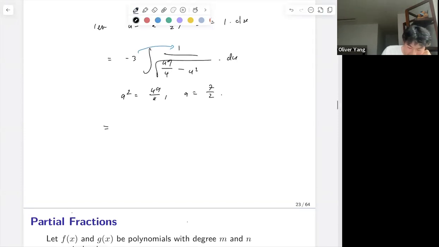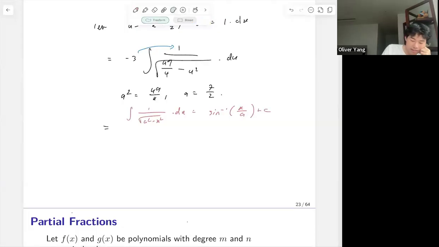So let's integrate. Using our formula sheet, which is here, the formula says the integral of 1 over the square root of a squared minus x squared dx is equal to sine inverse of x on a plus c.